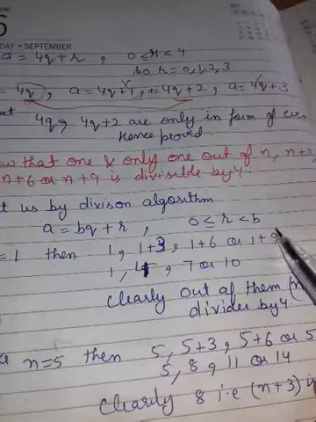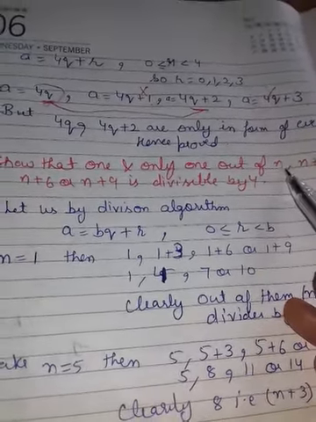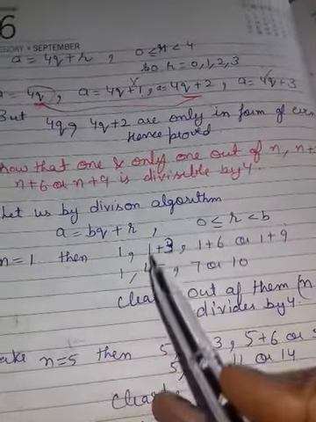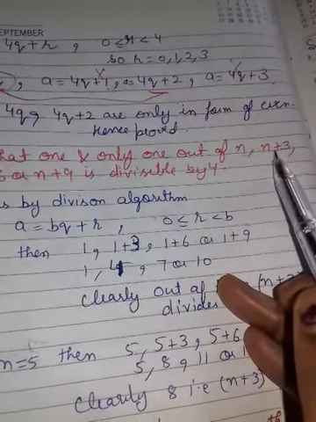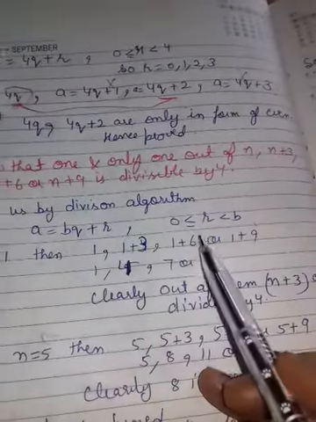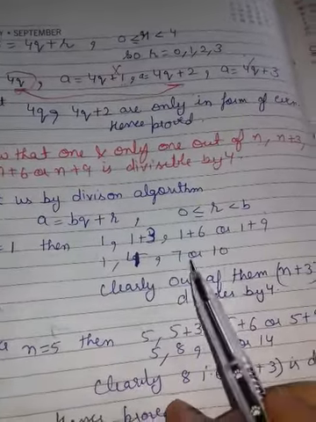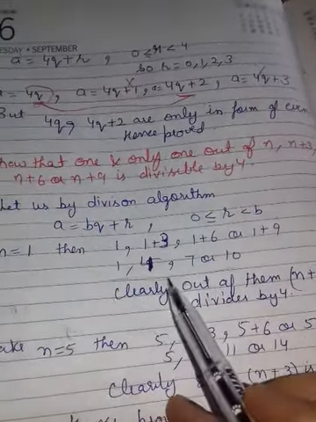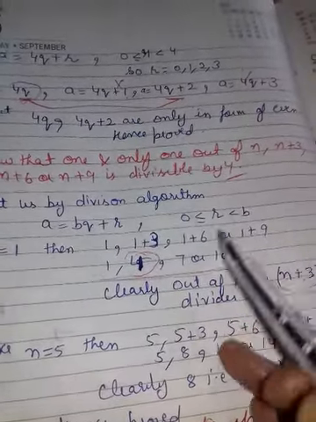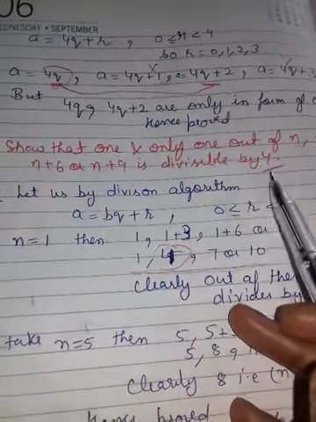But I tell you, n can be any number because they have not given any restriction. So I started from n equal to 1. I will prove it by examples. I put in each value of n: 1 plus 3, 1 plus 6, 1 plus 9. When I solved, I got the numbers 4, 7, 10. From these numbers you can clearly tell only one number, 4, is divisible by 4. So they are also saying that one and only one of them is divisible by 4.